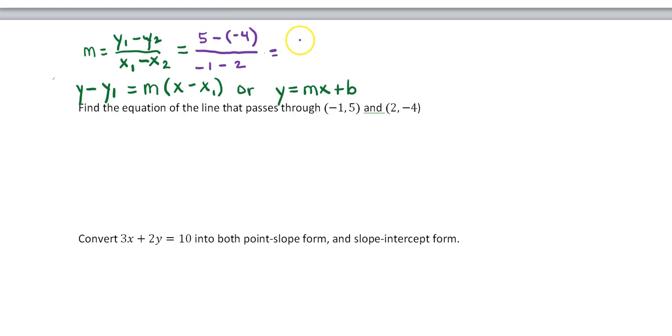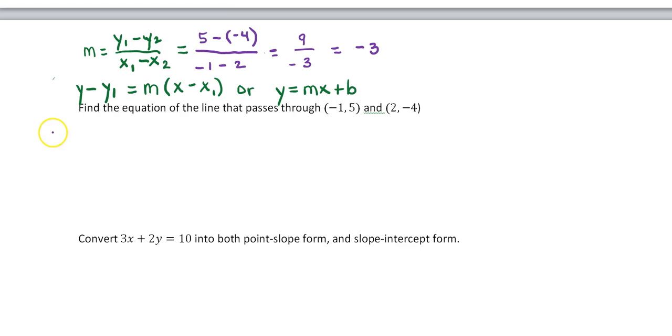So now I'm going to have a 9 over negative 3, which when I reduce all the way down, is going to be a negative 3. So now I need the equation of the line that passes through one of these 2 points and has the slope of negative 3. So I'm going to show all the options here.